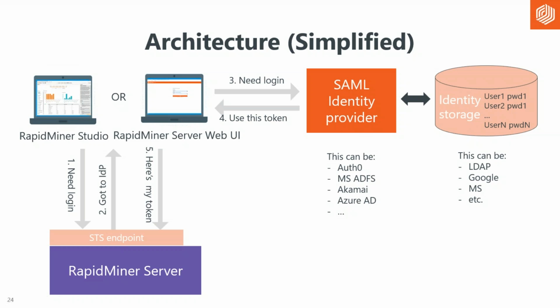So that's not on RapidMiner's behalf, but it's really that identity provider. The user authenticates there or enters credentials there. The identity provider authenticates the user and says, okay, that's this user. It passes the token back to RapidMiner Server, and then RapidMiner Server knows, okay, this user is logged in, so I let the user access the resource of RapidMiner Server.